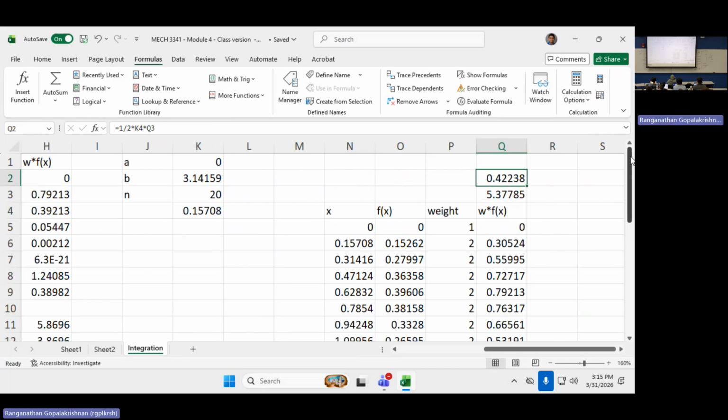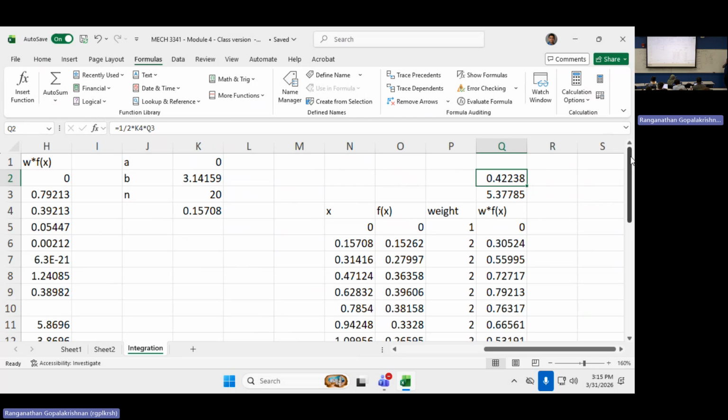Getting 0.4224. 20 segments, 0.4224. So take a moment, look at this table.